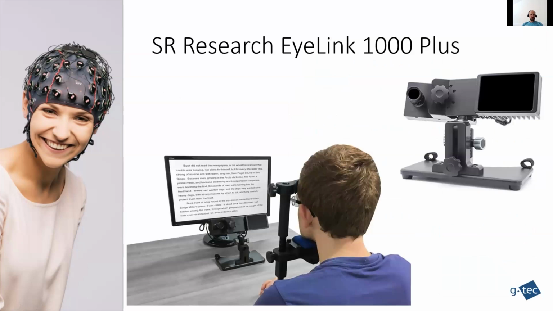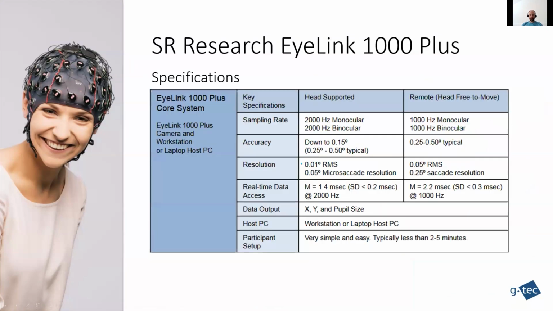We also want to use the time to describe the other manufacturer that we support. It's the SR Research iLink 1000+ device. Here we see it with a head mount, and this is the device itself. SR Research has one feature that is, how should I say, the unique selling point.